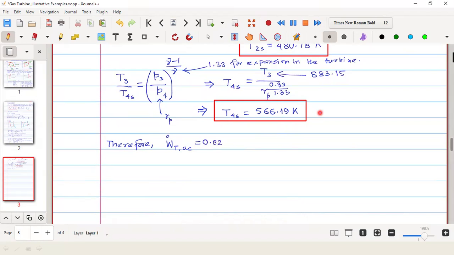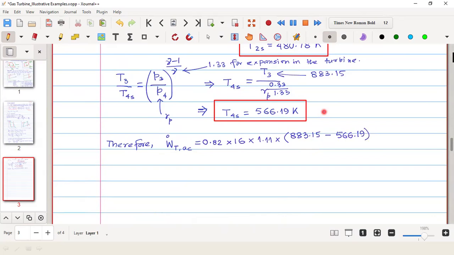0.82 into mass flow rate, which is 16, multiplied by Cp value for the expansion, that is 1.11, multiplied by change in temperature, that is T3, 883.15, minus T4S, that is 566.19.